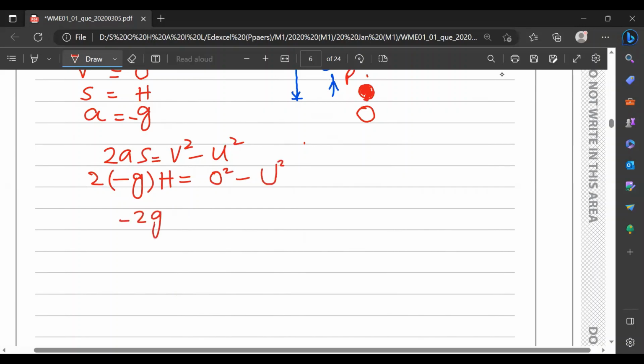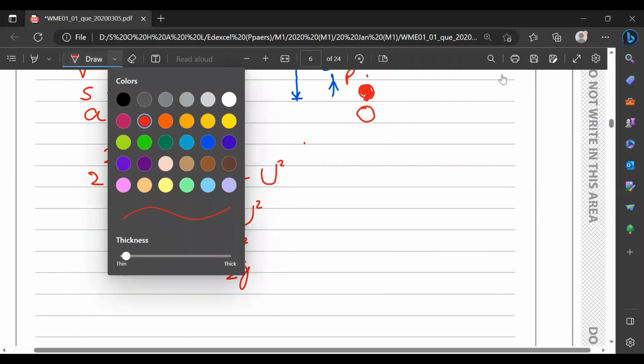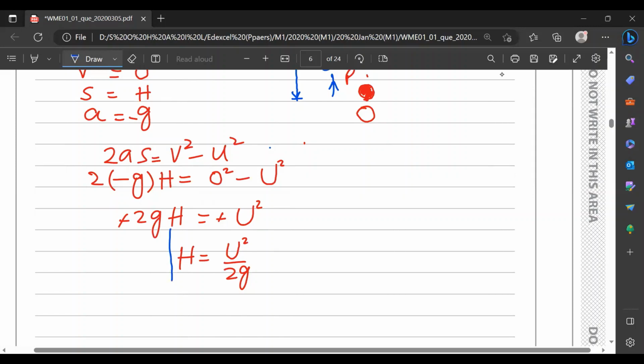Minus 2gh is equal to minus u square. The negative goes with the negative, and we have h equal to u square over 2g. This was the first part: show that the maximum height reached is u square over 2g.